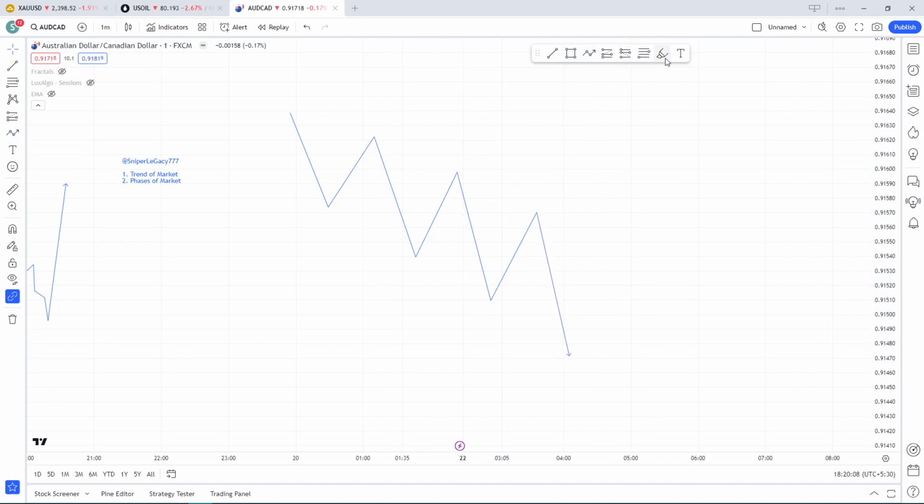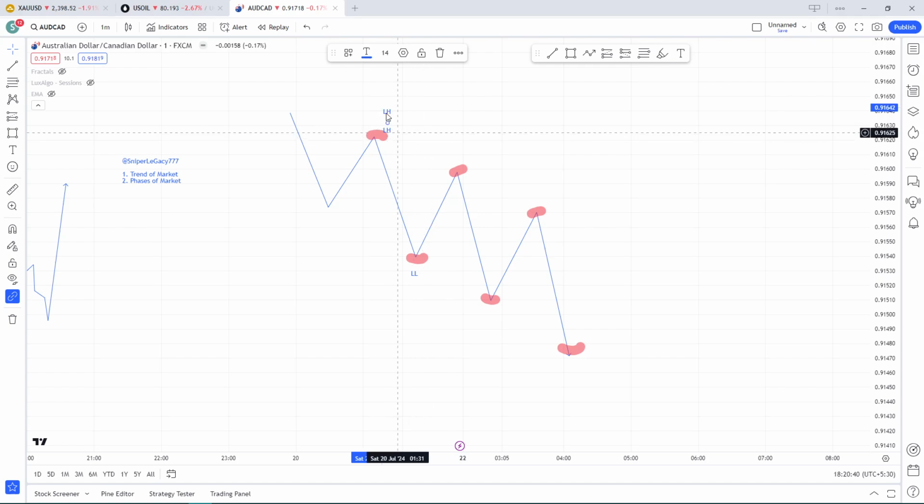So we have lower high, lower low, lower high, lower low, lower high, and a potential lower low. It's called lower high and lower low.